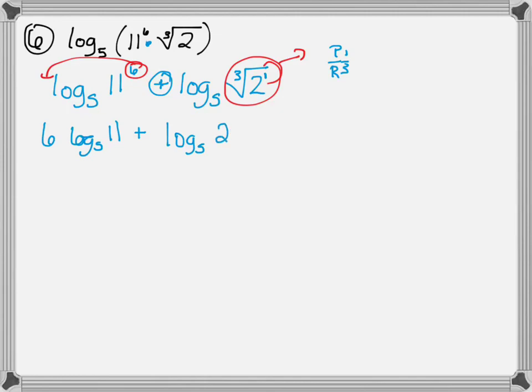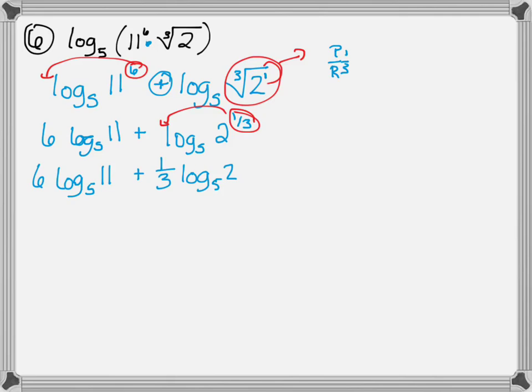So that's 2 to the 1/3. Now I have an exponent that I can bring forward. 6 times log base 5 of 11 plus 1/3 log base 5 of 2.